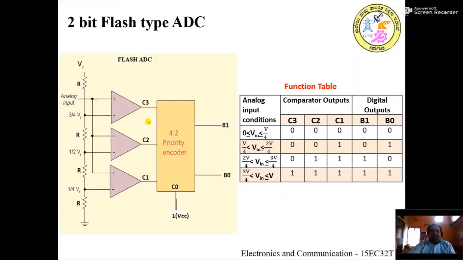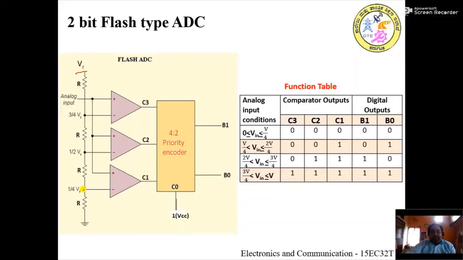As you can see here, this is a voltage divider network whose reference voltage is VR. Since there are 4 resistors, all of equal resistance R, the voltage drop across each resistor would be VR by 4. Since I need 3 reference voltages for these 3 comparators, I took 3 nodes here.